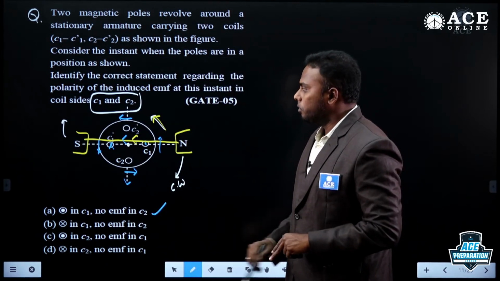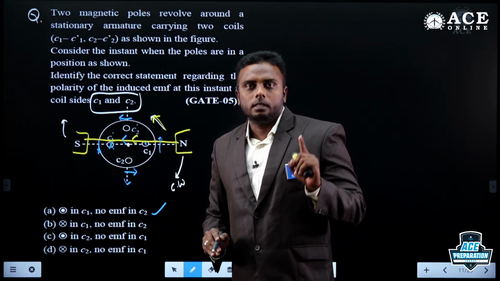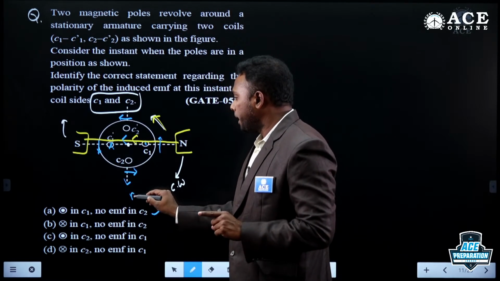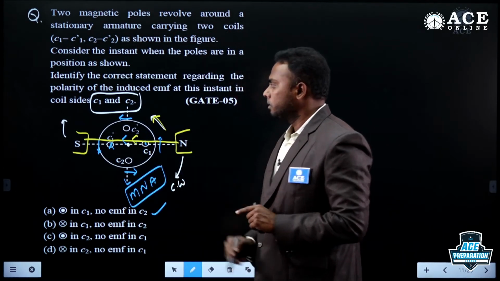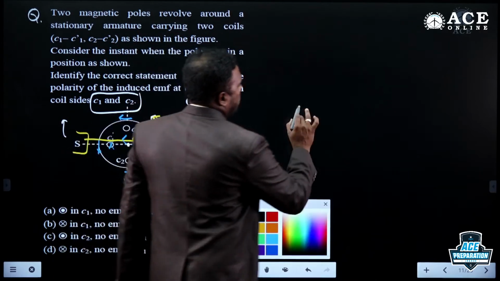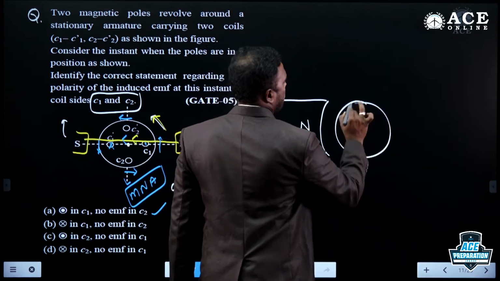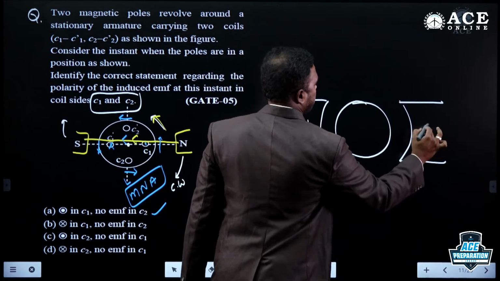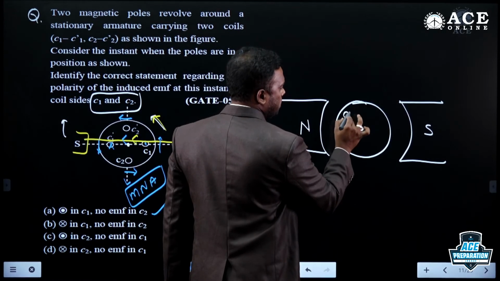Okay. Now, wherever the induced EMF is 0, that axis we generally call the magnetic neutral axis. Remember this point. Suppose you take a normal big figure, with two poles, north and south, and this is the armature or rotor having some conductors.